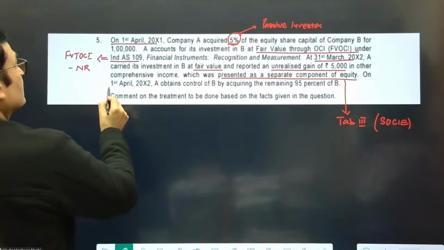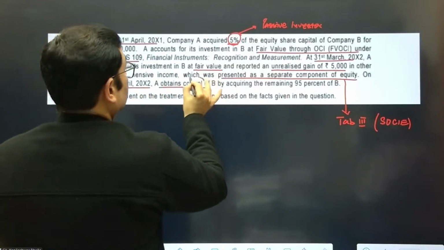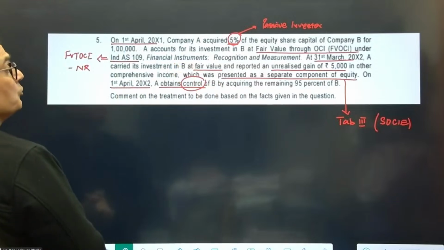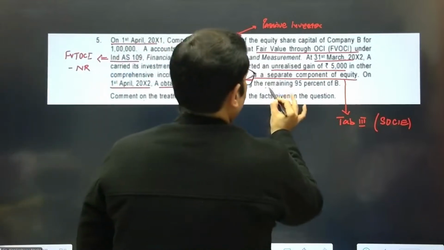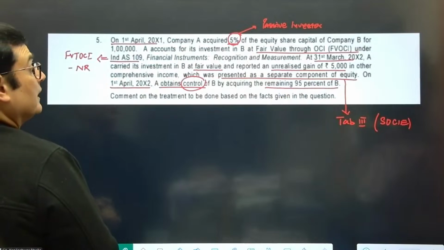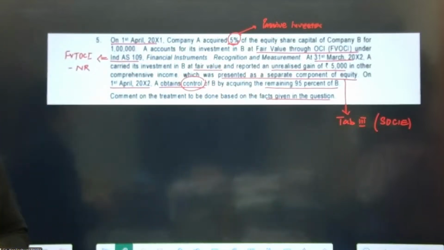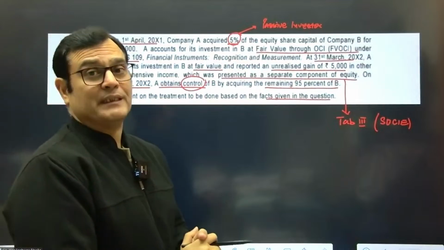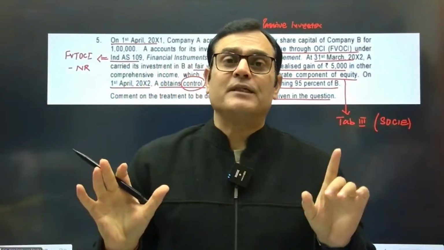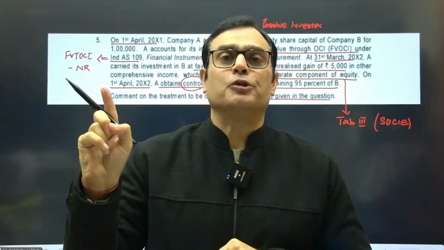Then he says on 1st April X2, A obtains a control. So you're converting from a passive to a control by acquiring the remaining 95% of B. Comment upon the treatment to be done based on the facts which are given in the question. So I guess the details are very clear that in this particular case, it's a conversion of a passive investment into a control situation.